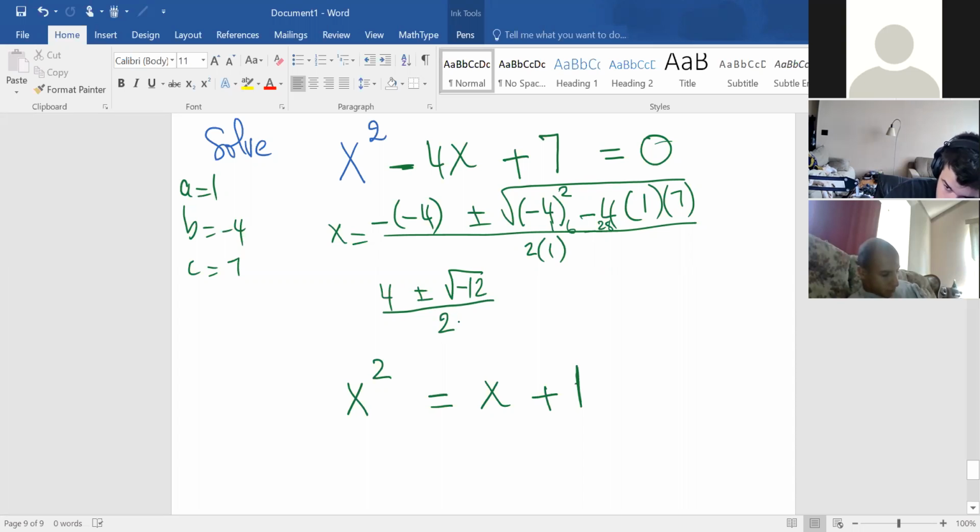Right here, can we stop as our final answer? No, we can't, because we have a negative number inside the square root. I'm not even talking about the simplifications yet. You have to write 4 plus or minus i square root of 12 over 2.